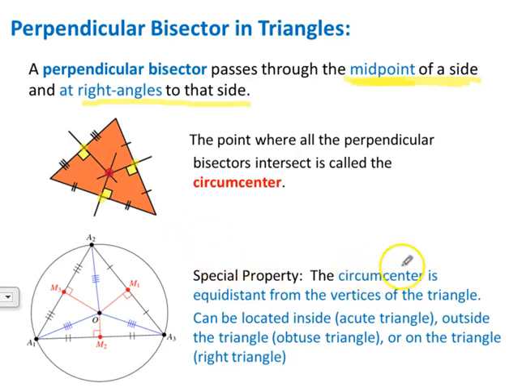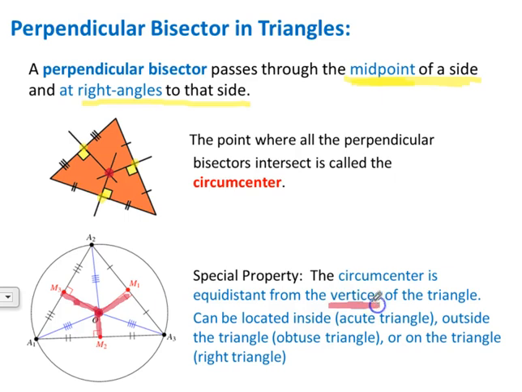Here are our perpendicular bisectors, in red, and where they intersect is the circumcenter. The circumcenter is going to be equidistant from the vertices.